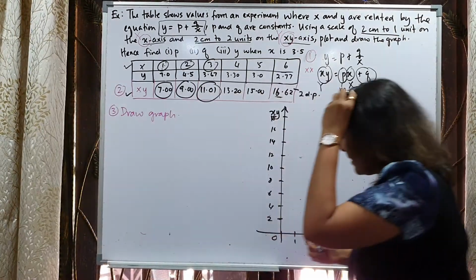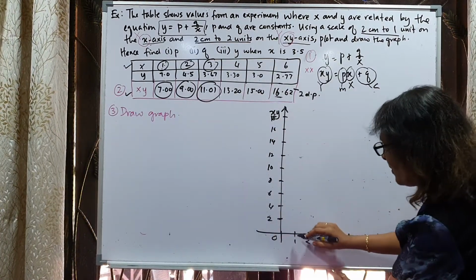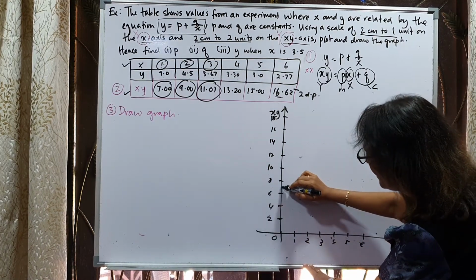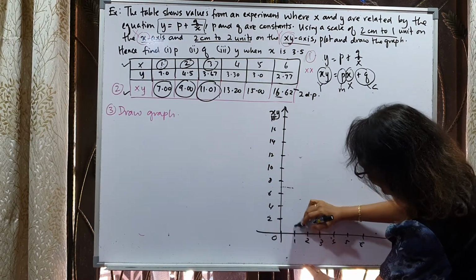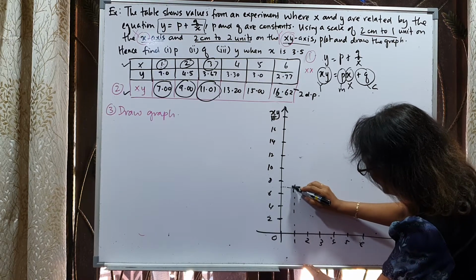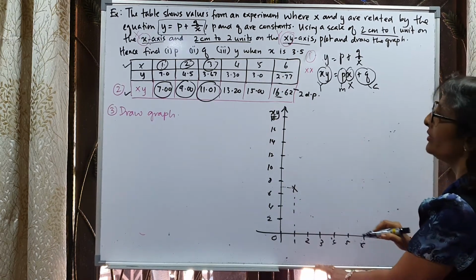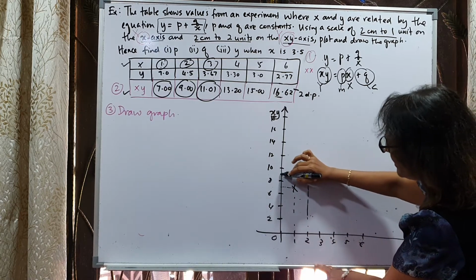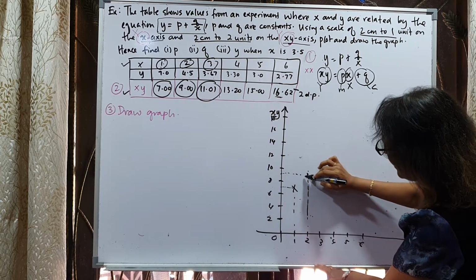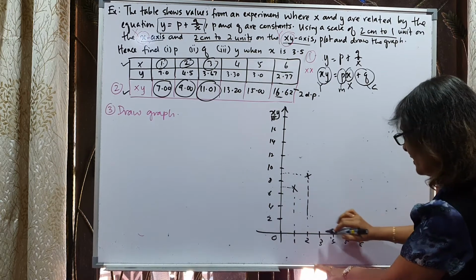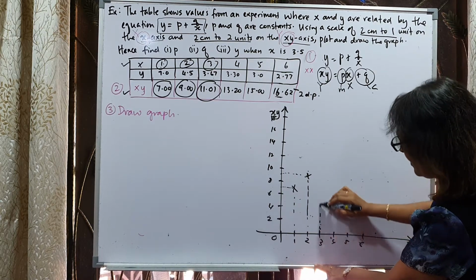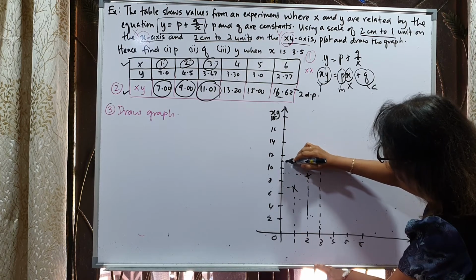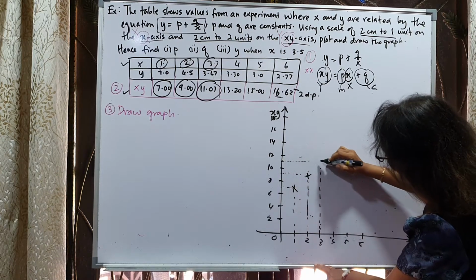So for 1 and 7, you go up to 7, say here, and roughly put a big cross there. 2 and 9, so 2 goes to 9, over here. 3 goes to 11.1. 11 is here, 11.1 will be somewhere a little bit above.